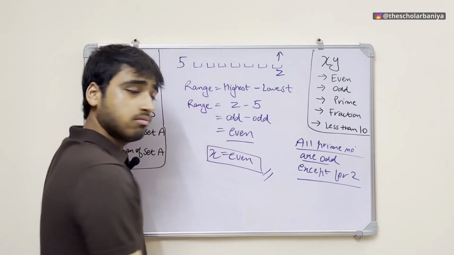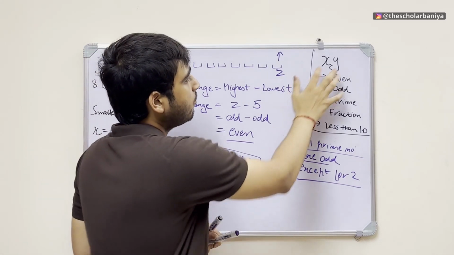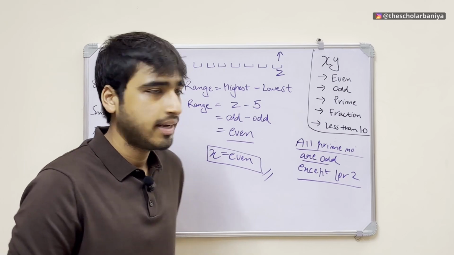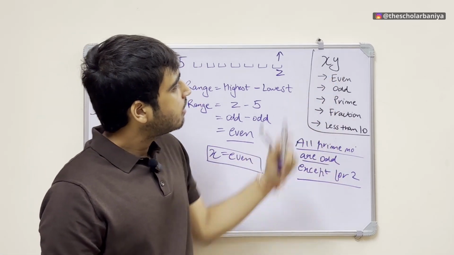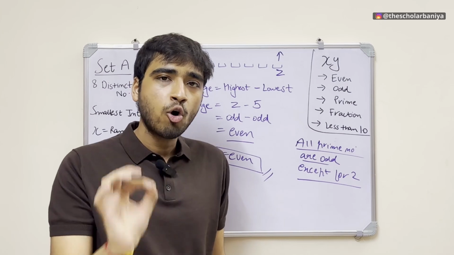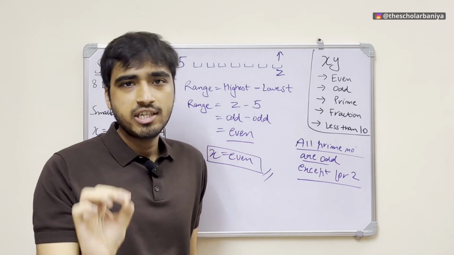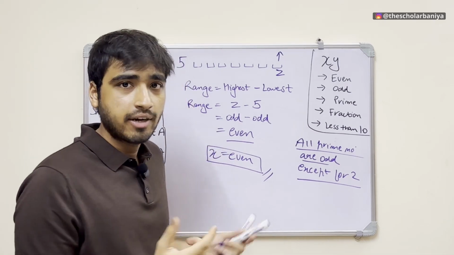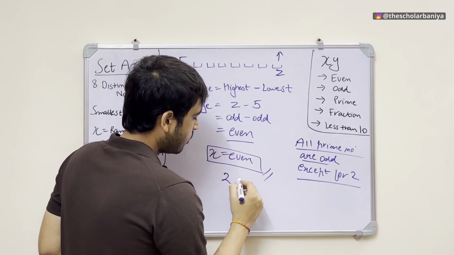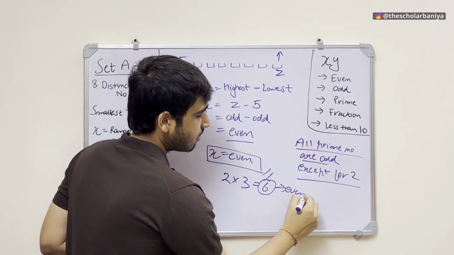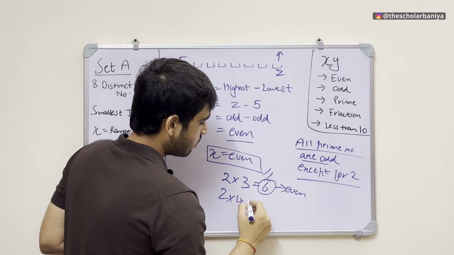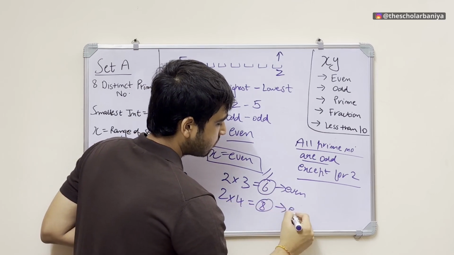Now we have to find out xy. We know that x is even. Irrespective of whether y is odd or even, xy will always be even because x is even. For example, 2 into 3 is 6, which is even, or 2 into 4 is 8, which is also even.